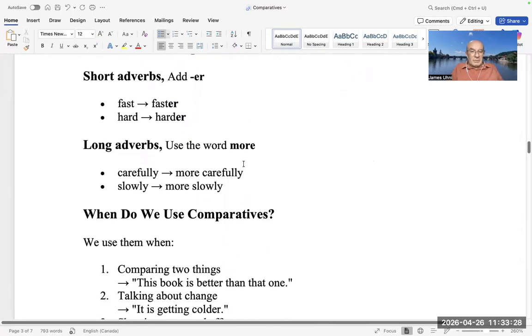Long adverbs use the word more. Carefully, more carefully. You see, carefully does not change.